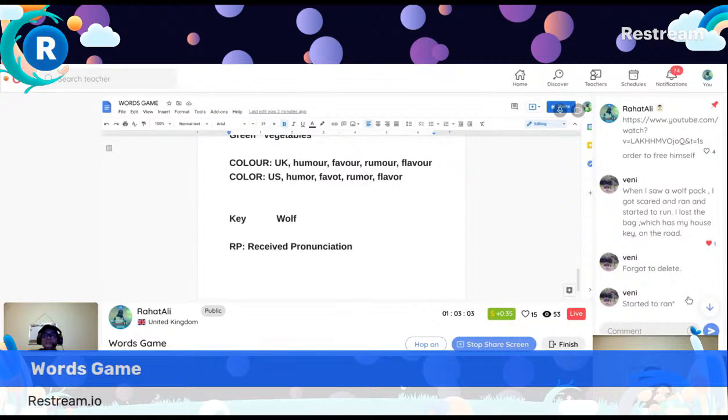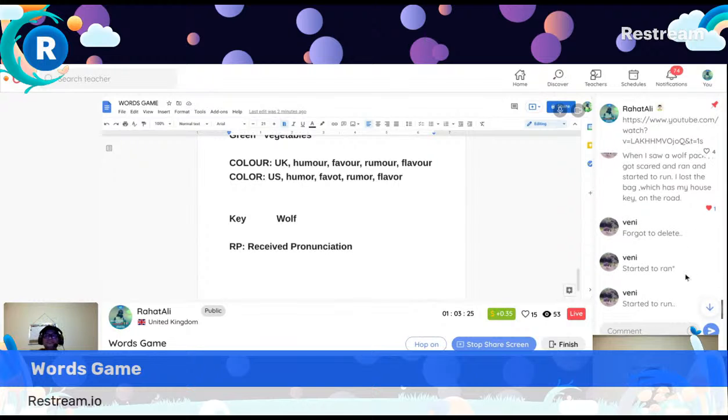You started to run, R-U-N, not ran. Remember, it is an infinitive. In the infinitive, after to, we must use the present form or the root form of the verb. Though there are many exceptions, we're not going to discuss them, but you have to remember that is the most common rule. I started to run. Great, thank you very much.